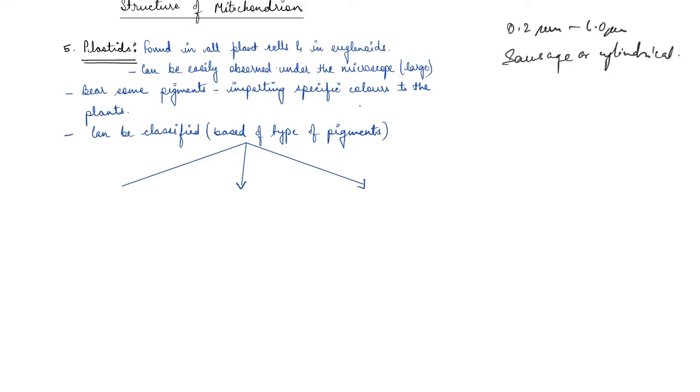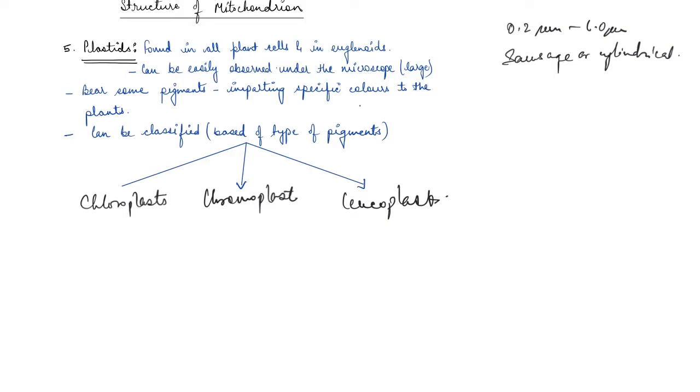Based on the type of pigments, plastids can be classified into chloroplasts, chromoplasts, and leucoplasts.